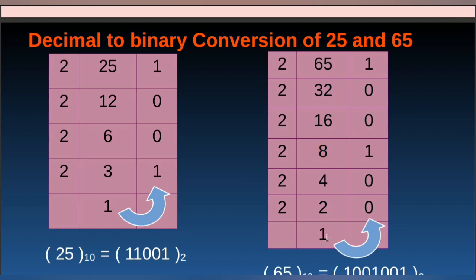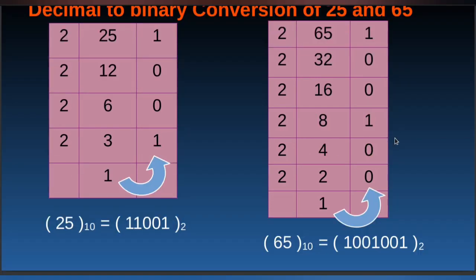In this manner, from the back side we take the representation of 65 in binary form. Here you can see below 65 is of base 10, and it is converted into binary form, which has base 2. You can see here as a subscript, it is the base of the number system.